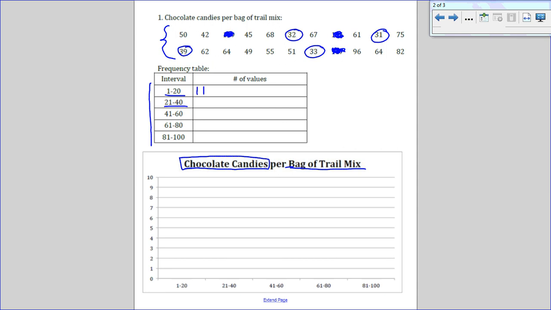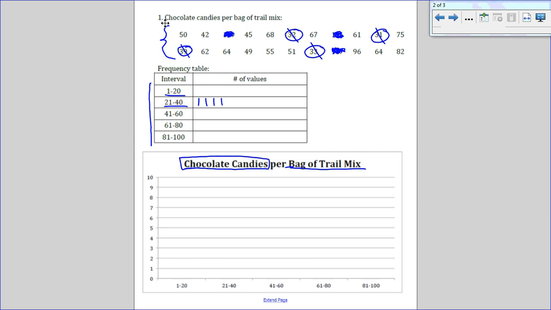And we can mark those out. We're done. So that's one way to do it. Oh, excuse me. We have 1, 2, 3, 4 bags where the number of chocolate candies fell between 21 and 40. So that's one way we can do it.